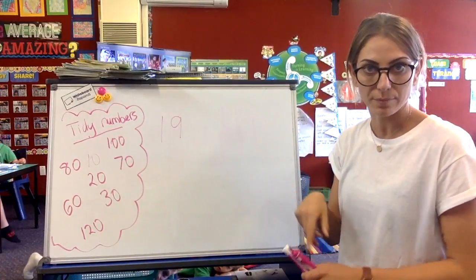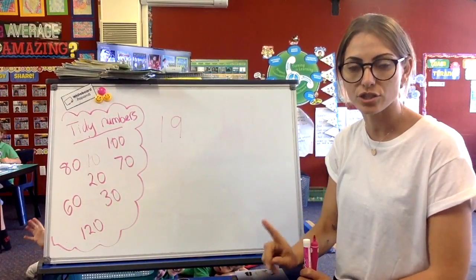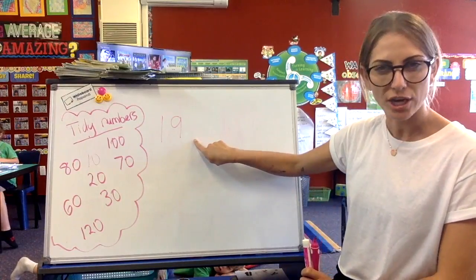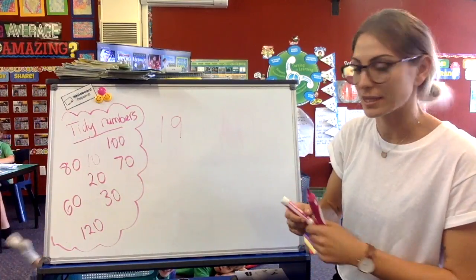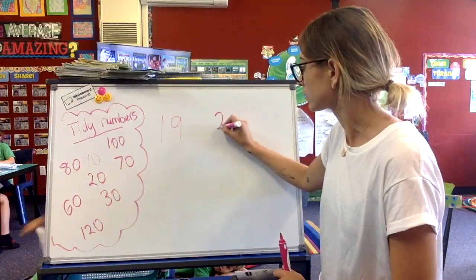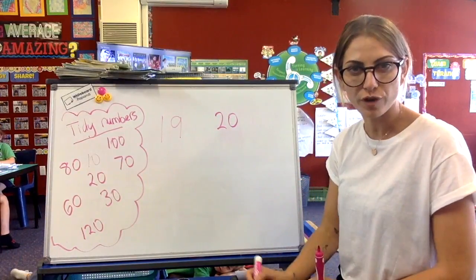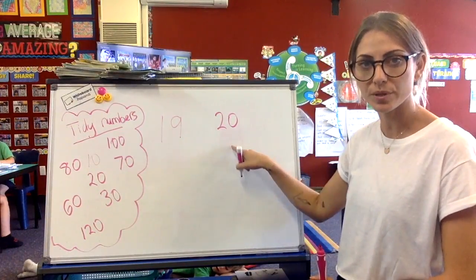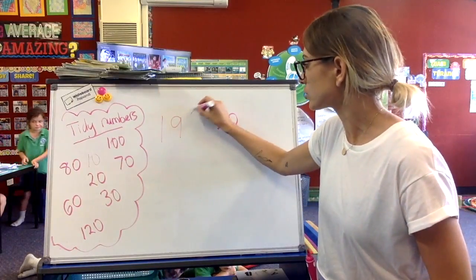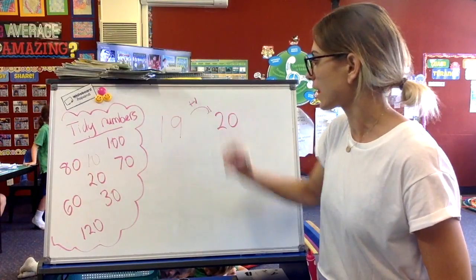So when we round numbers, we take them to the closest tidy number. The closest tidy number to 19 is 20. So if we want to round 19 up to 20, we need to add 1.